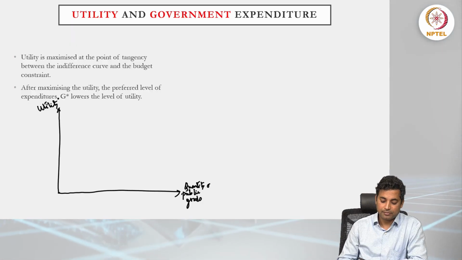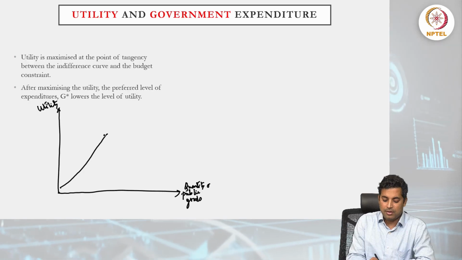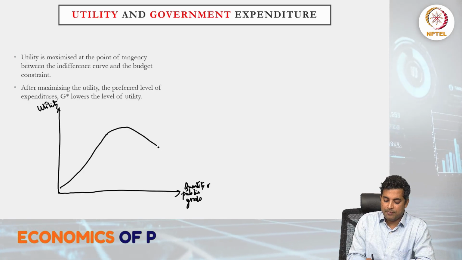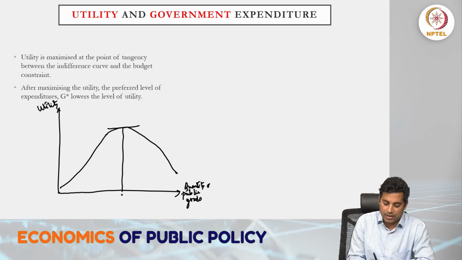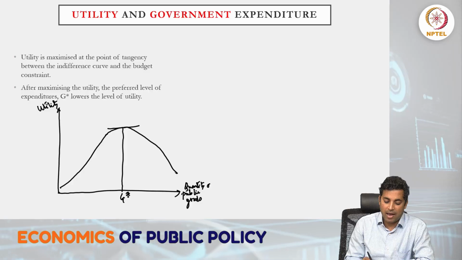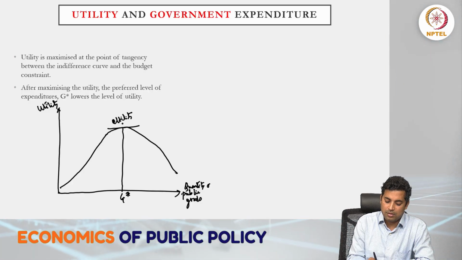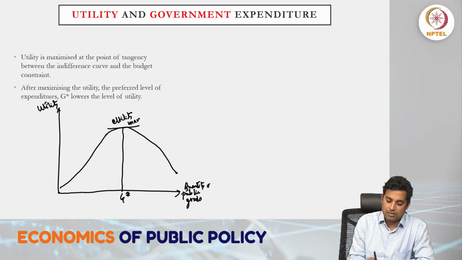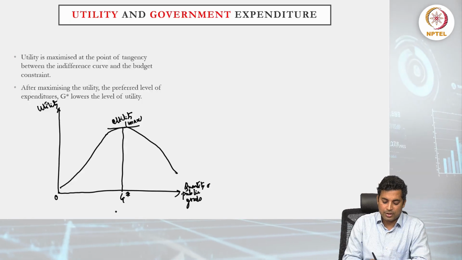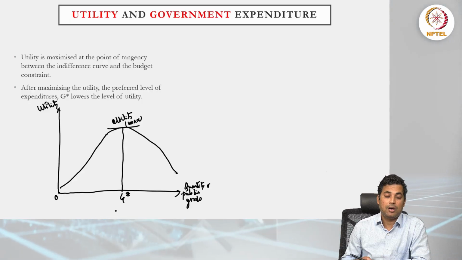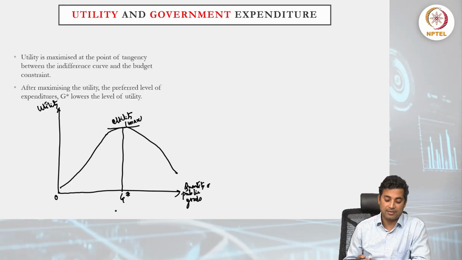Generally utility will be increasing, then it will reach a maximum, and then it will again start declining. At that point, we are calling it maximum utility. So utility is maximum at OG star amount of the quantity of public goods, where utility gets maximized.